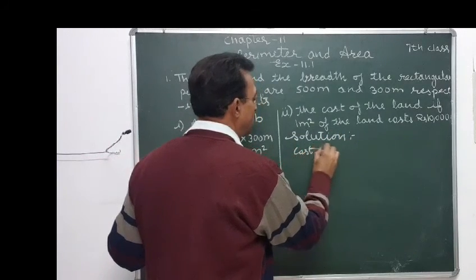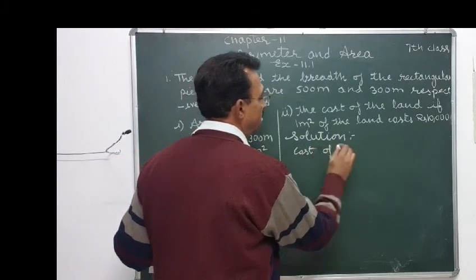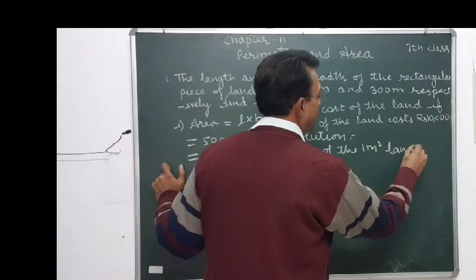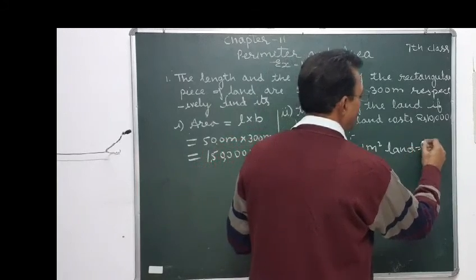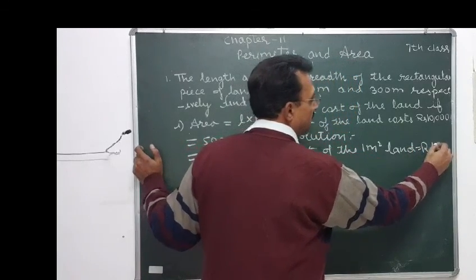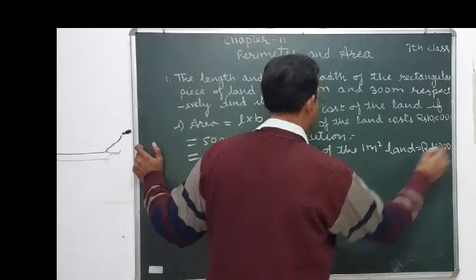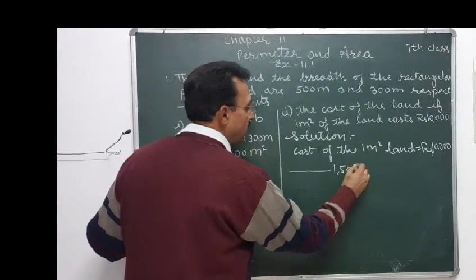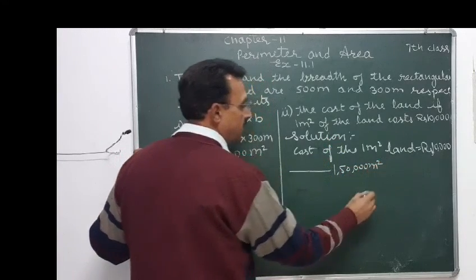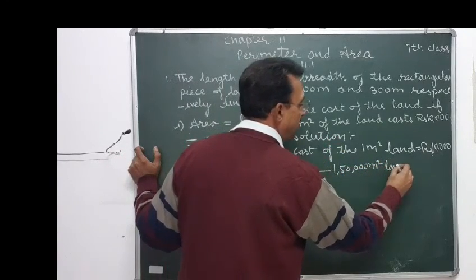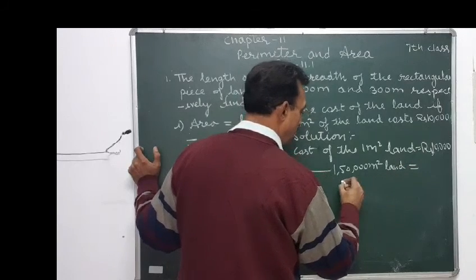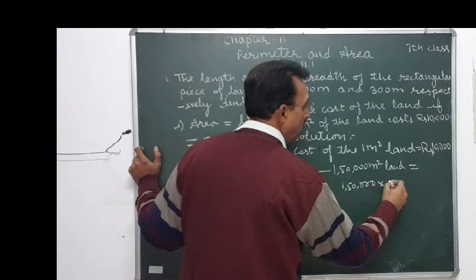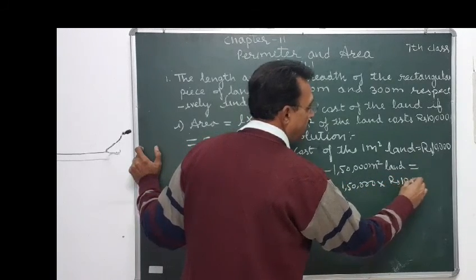Cost of the 1 meter square land is equal to rupees 10,000, and the cost of 1,50,000 meter square land is equal to 1,50,000 into rupees 10,000.